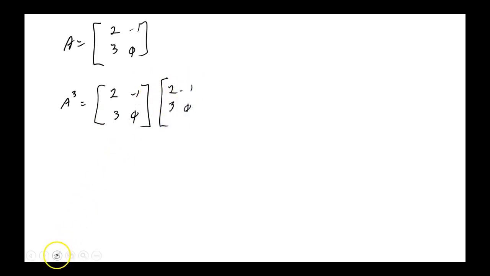Now, I wrote that making it look like -1. It isn't. 2, -1. And then what we'll do is multiply those first, and then we'll multiply again by [2, -1; 3, 0].